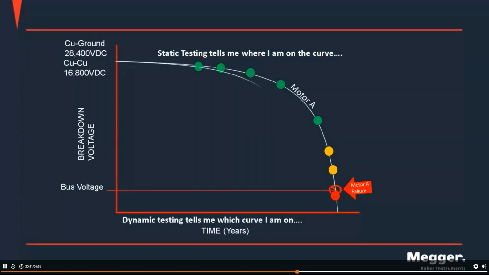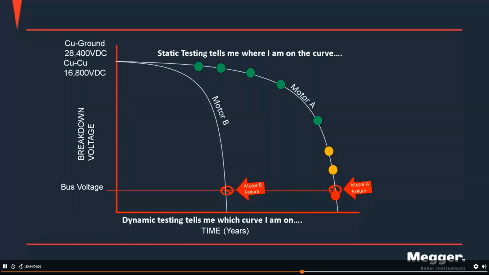So dynamic testing kind of helps me understand which curve. Am I on a motor A curve or am I on a motor B curve? And all those different dynamic parameters that we evaluate and load conditions and application scenarios, dynamic testing will help us identify whether we should be more concerned when I get to a caution state and I'm in a motor B situation where I know I have a poor power quality situation because that drive we purchased last month didn't have proper load filtering, but we went with it anyway.